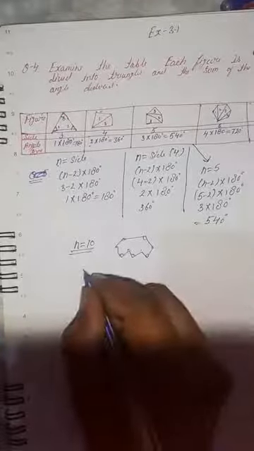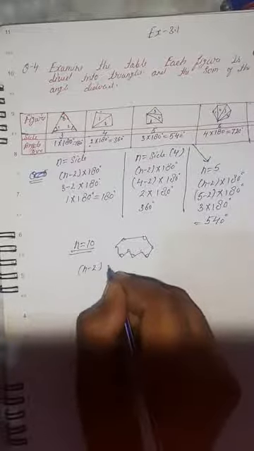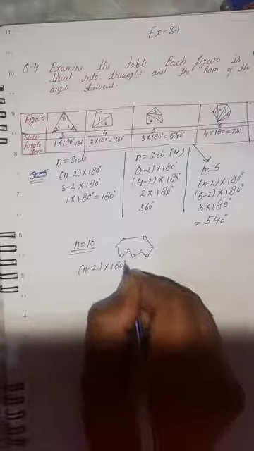So what will we have for the formula? We have the formula (n minus 2) multiplied by 180 degrees.